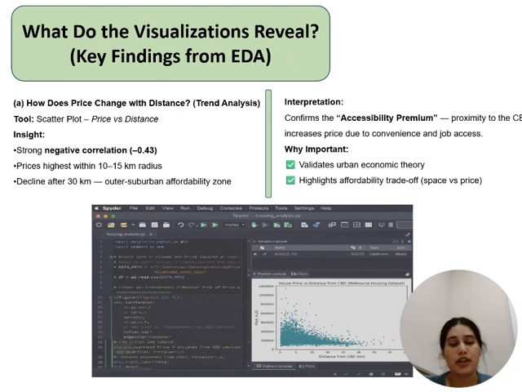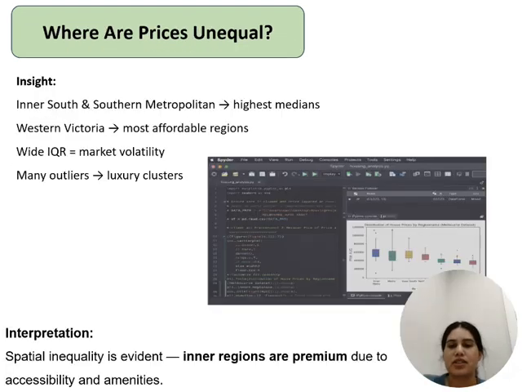The box plot highlights strong regional differences and high variation within inner metropolitan zones. In simple terms, proximity to the CBD directly translates into higher property value, confirming the importance of geographic location.